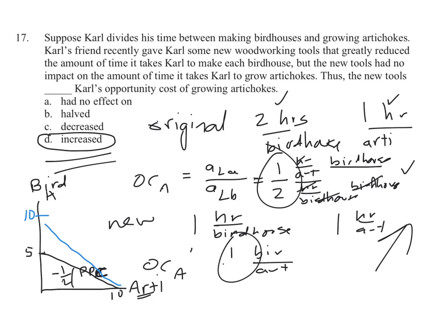Suddenly his production possibility frontier shifts out. So this is the new production possibility curve. And notice that the absolute value of the slope is now 1. The slope is negative 1 birdhouse per artichoke. Remember, rise over run. And so again, we get to answer D.